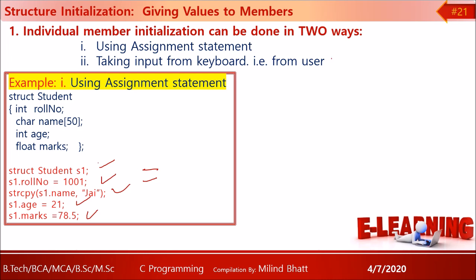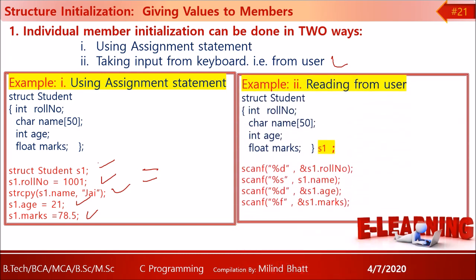Now the second one, taking input from the user. The same student structure is over here: struct student, roll number, name, age and marks, and its object has been created as S1. Now instead of giving individual values in the program, I am using a scanf kind of function to read them from the user. scanf ampersand S1 dot roll number.